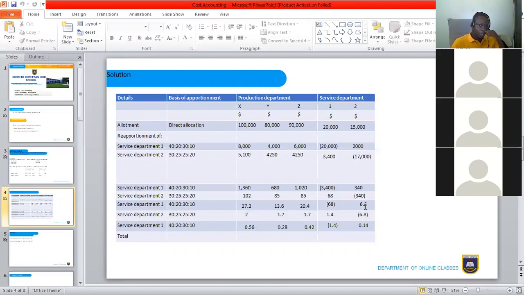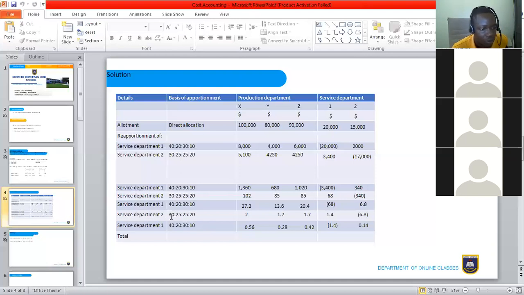We've been given the percentages for reapportionment for service department 2, so we just go back, and that is 30, 25, 25, and 20% respectively. That is what we are supposed to use for the apportionment.